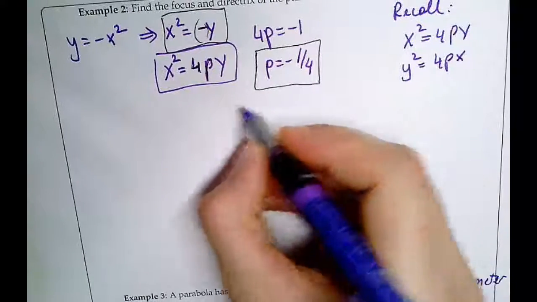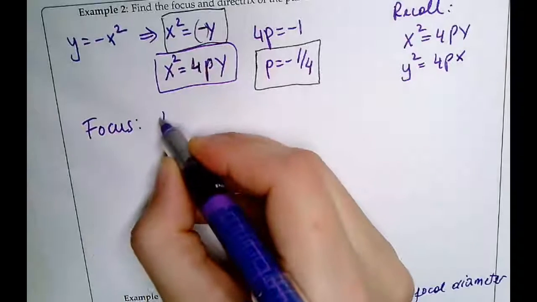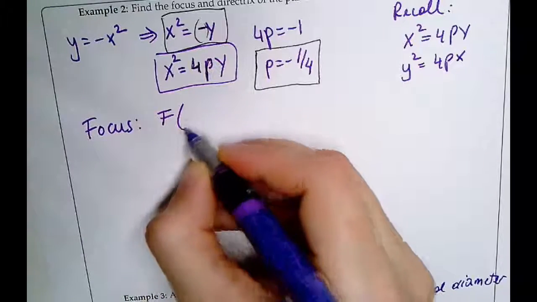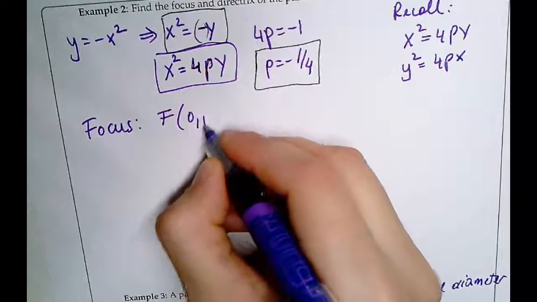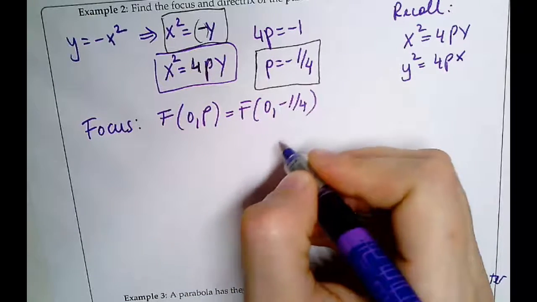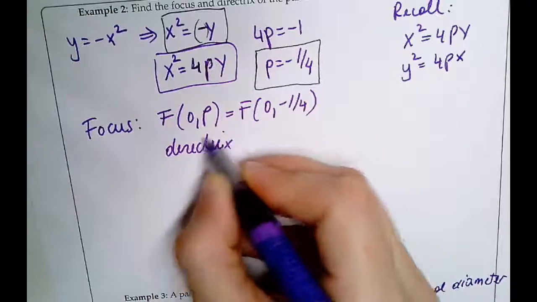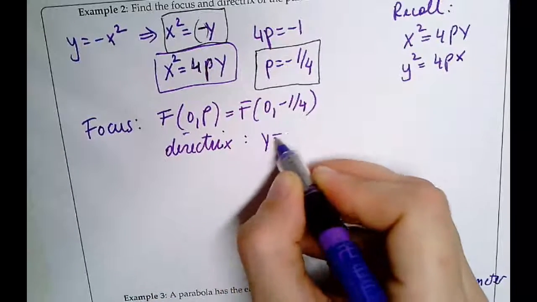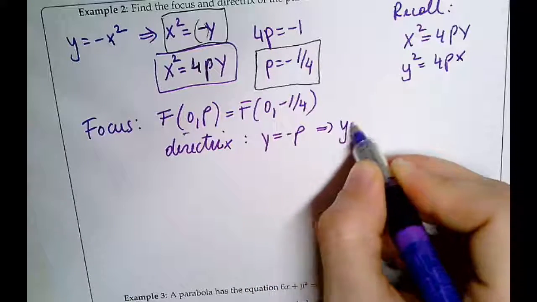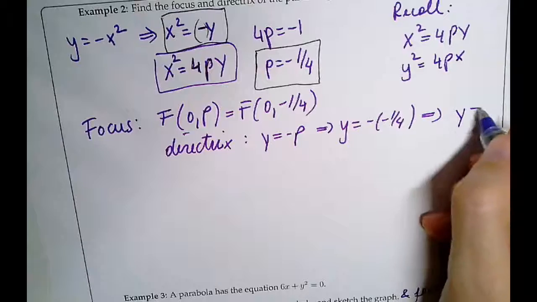So the focus F is (0, p), and we found that p is negative 1/4. And then the directrix is y equals negative p, so the directrix equation is y equals 1/4.